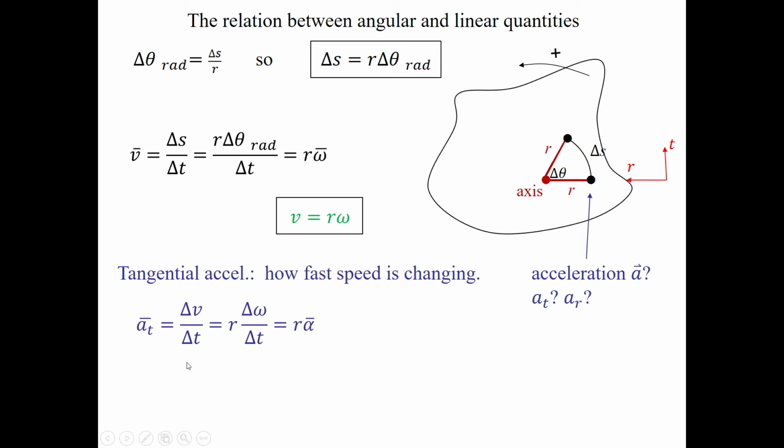So therefore, if this is true for averages, the average tangential acceleration is equal to r times the average angular acceleration. That's true at any instant of time, just by taking a very short time near the point that you're interested in. The tangential acceleration is equal to r alpha.